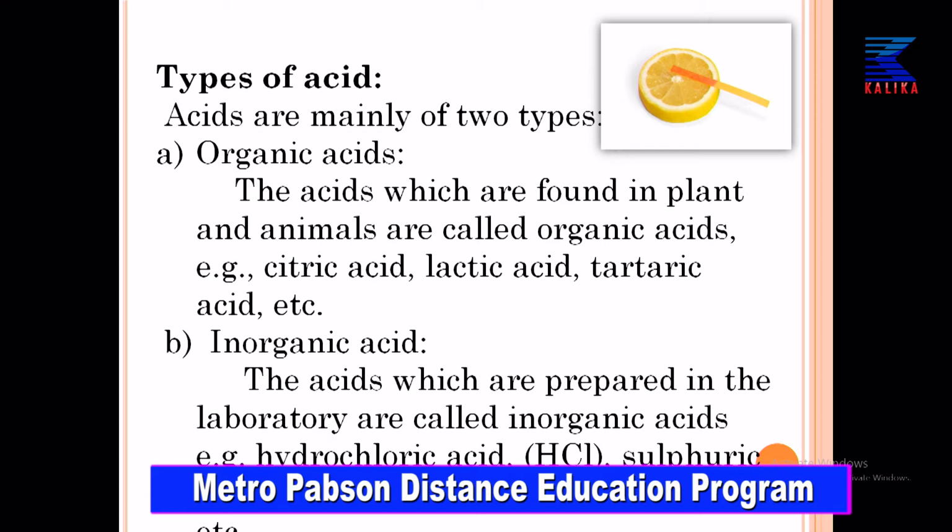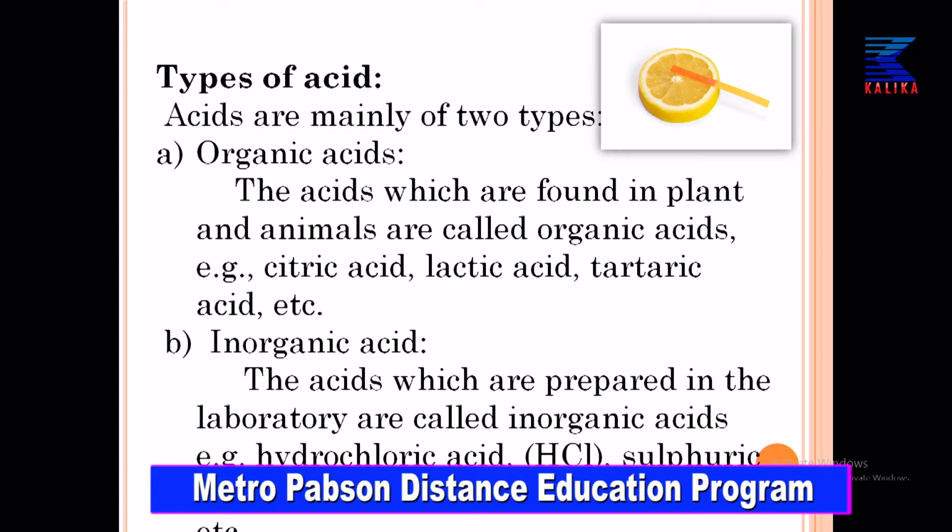We will discuss more about indicators in later classes. Just remind these things: the substances in our daily life must have a sour taste to become acid.